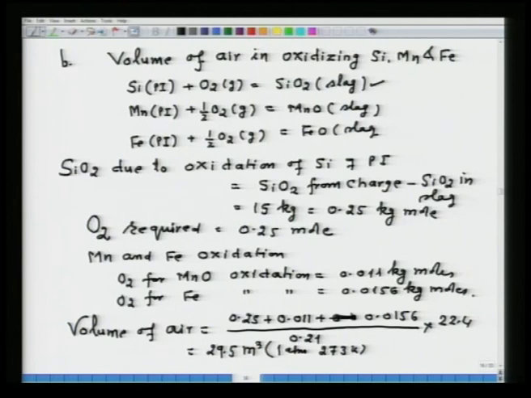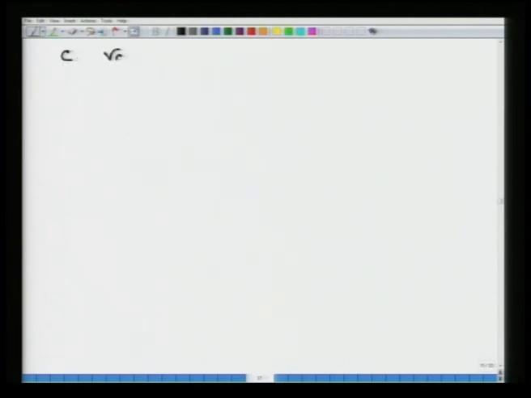Now, the next which is asked, part C, volume of air for carbon oxidation. Here again, the clue to solve this problem: first, it is oxygen of air blast that reacts with carbon of coke. So you have to think in terms of finding the oxygen of the air blast.